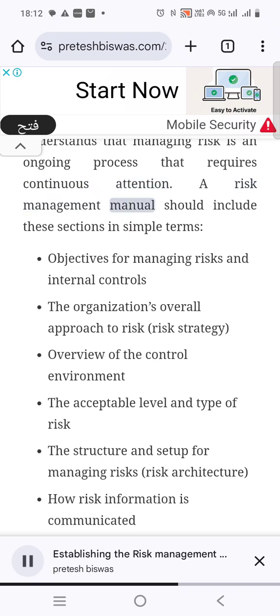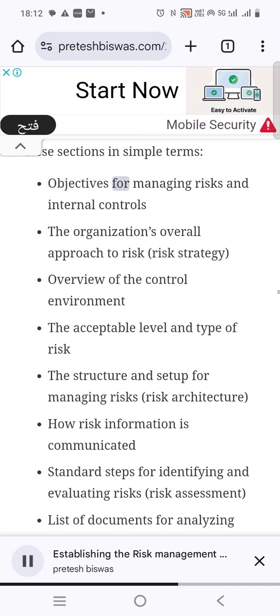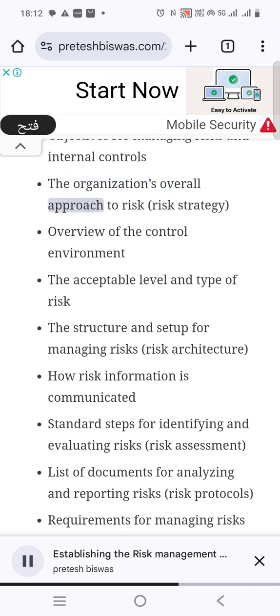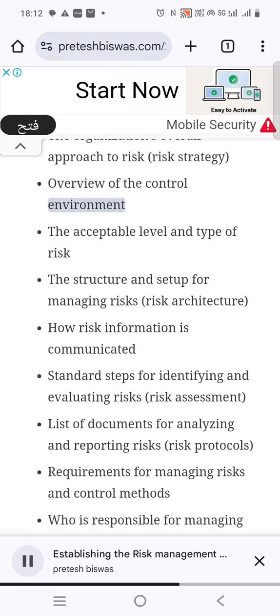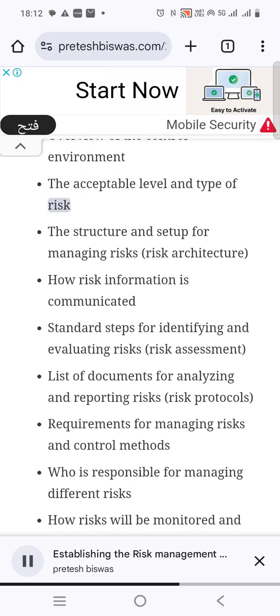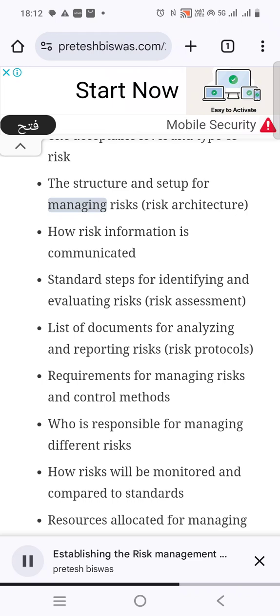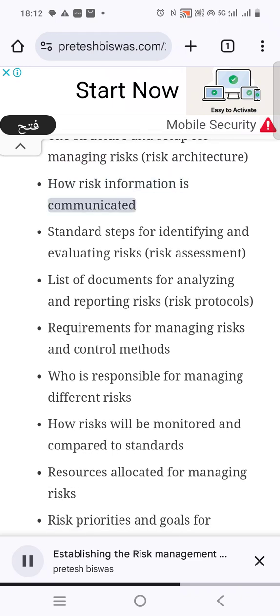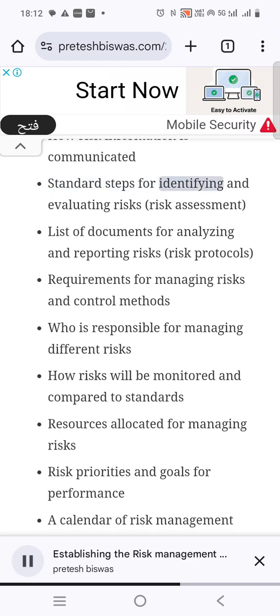A risk management manual should include these sections in simple terms. Objectives for managing risks and internal controls. The organization's overall approach to risk strategy. Overview of the control environment. The acceptable level and type of risk. The structure and setup for managing risks, risk architecture. How risk information is communicated. Standard steps for identifying and evaluating risks, risk assessment.